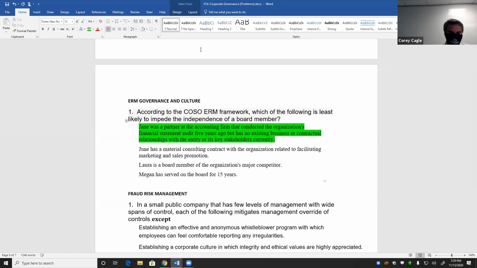So the first one says Jane was a partner at an accounting firm that conducted the organization's financial statement audit 5 years ago. There's no existing business or contractual relationship with the entity currently. We know that's fine, so we know that's the answer, right? The thing that bugged me was, well, what about that? But they do make a point that someone on the board that long would be a potential independence problem.